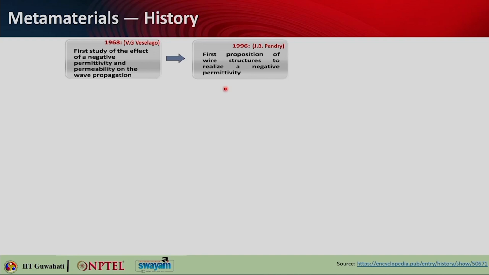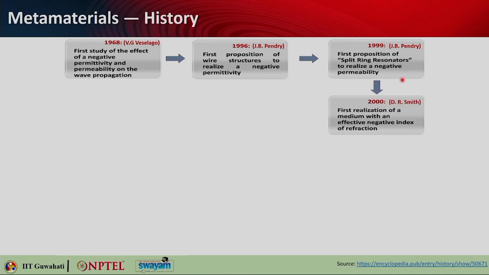That was an artificial material structure where the structure decides the negative permittivity. Then 3 years later, in 1999, Professor Pendry again designed a split ring resonator based structure to realize negative permeability. Now when you have negative permittivity and negative permeability, both negative, you can develop materials which have negative refractive index.